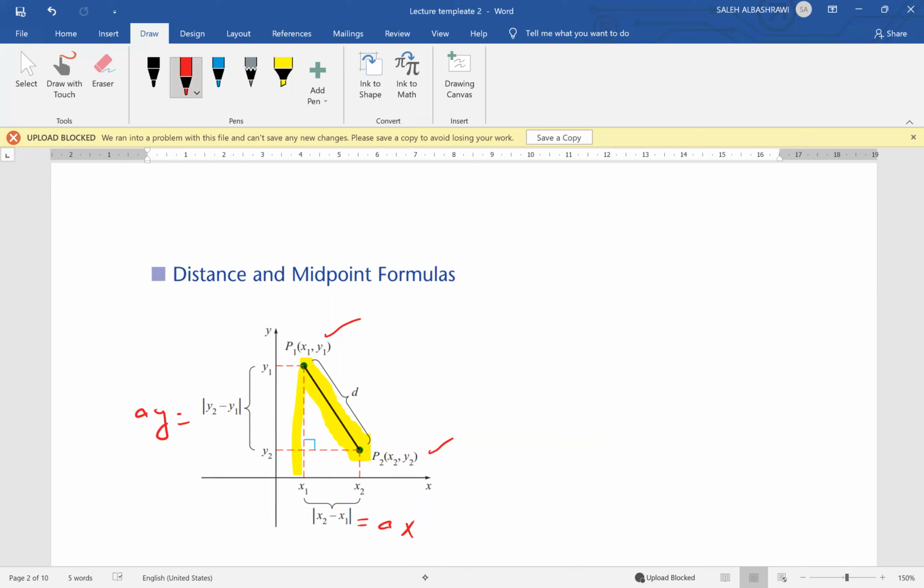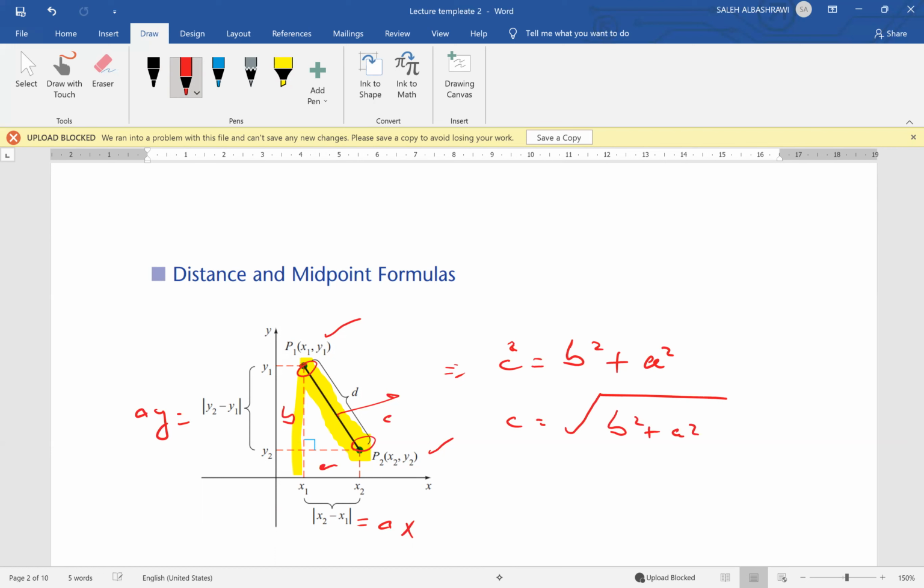Now, to find the distance between B1 and B2, we can think about it like the Pythagorean theorem. This is the hypotenuse, the largest. If I call this C, this B, and this A, the Pythagorean theorem says that C square equals B square plus A square, or C is equal to the square root of B square plus A square.